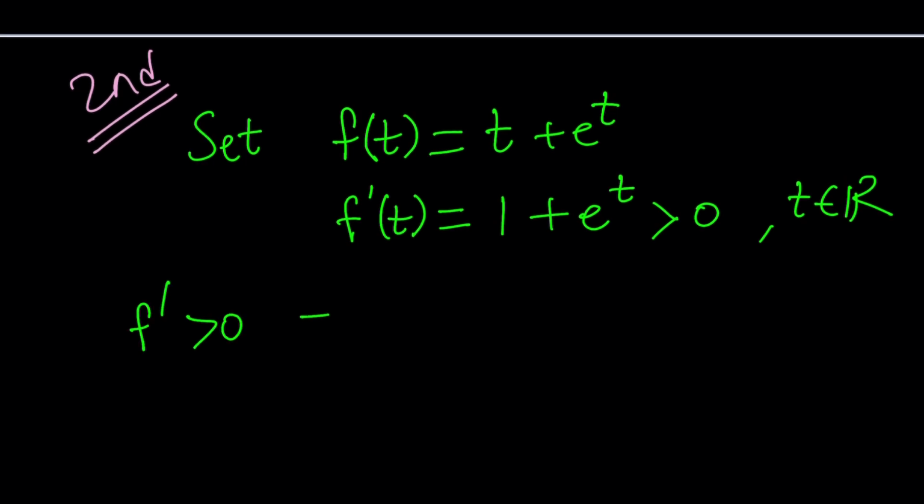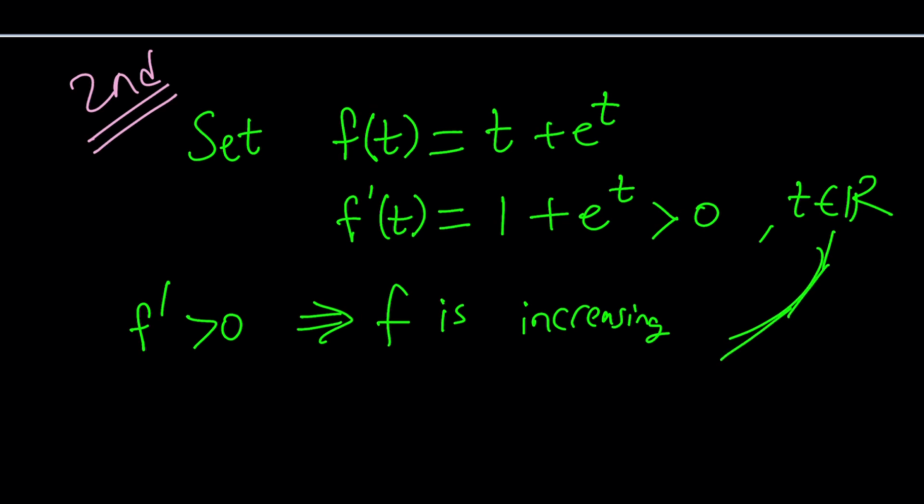And from a calculus perspective, from a slope of a tangent line perspective, this means f is increasing. Because if you think about it, first derivative gives you the slope of the tangent. And if the slopes of tangents are always positive, that means the function is going up or increasing. So what does that mean?